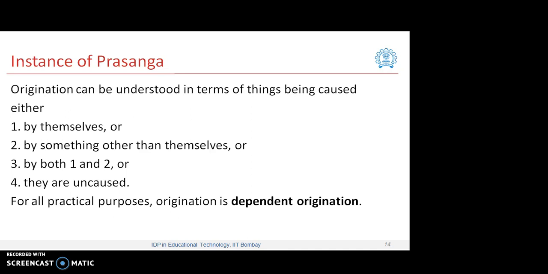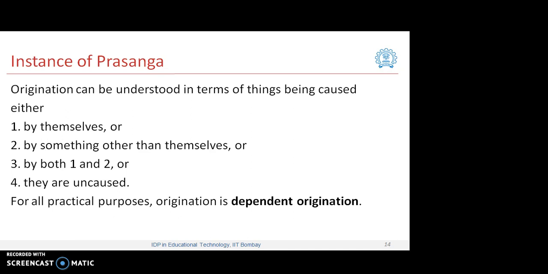If things are caused by themselves, then we cannot understand the very concept of origination, the very concept of causation. Similarly, if things are produced by other than themselves, then it should be possible that anything can arise from anything. So it will create chaos in the consideration of causation.